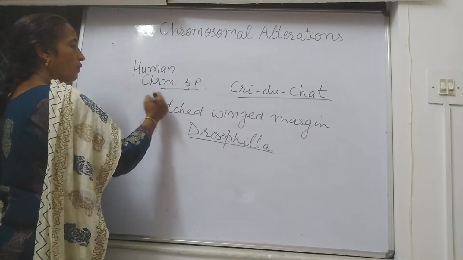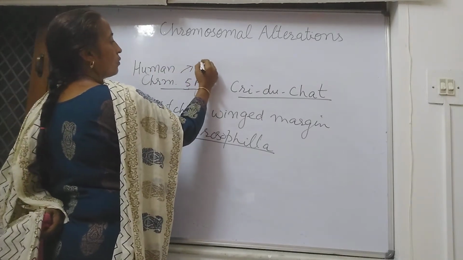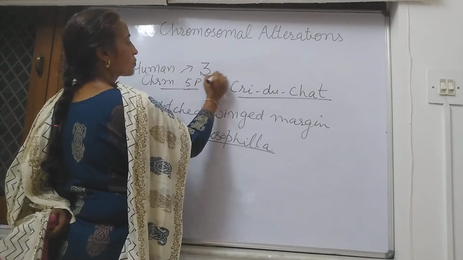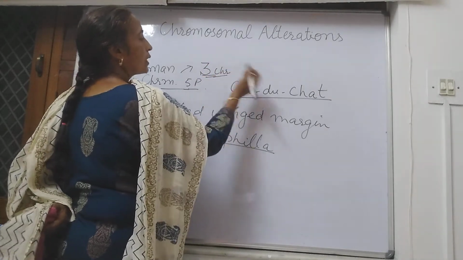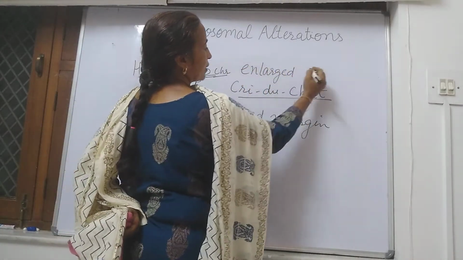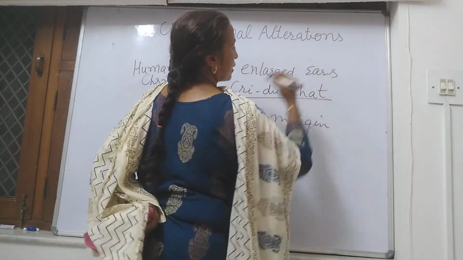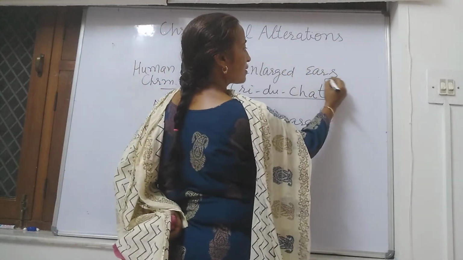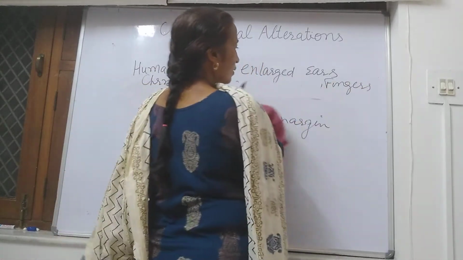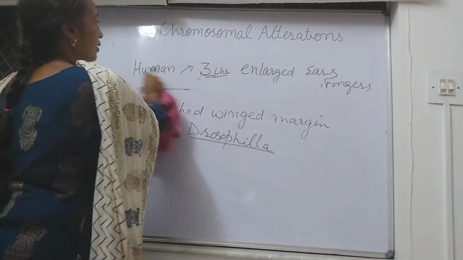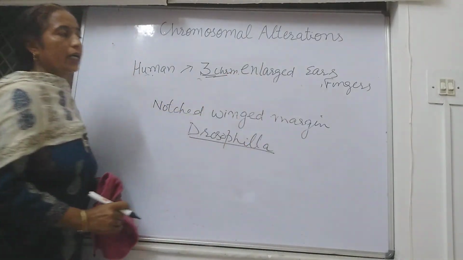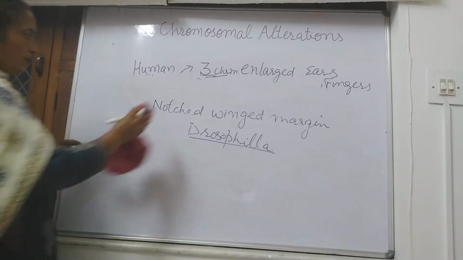In human beings, one more is loss of genes in the third chromosome: ears are enlarged and fingers are also enlarged.